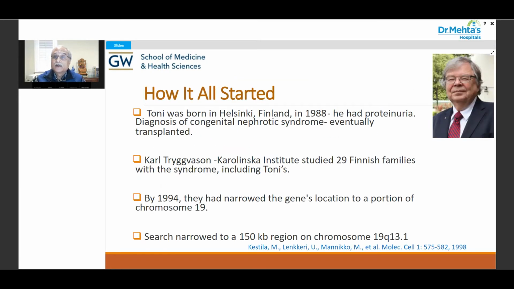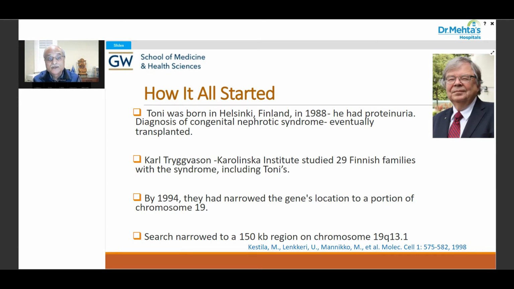How did we get all interested in podocytes? The journey began in 1988 with the birth of a boy called Tony in Finland, who developed proteinuria, and because congenital nephrotic syndrome was well described there, the Finnish variant, he was diagnosed with congenital nephrotic syndrome and eventually underwent a transplant. But his pediatrician was very persistent.